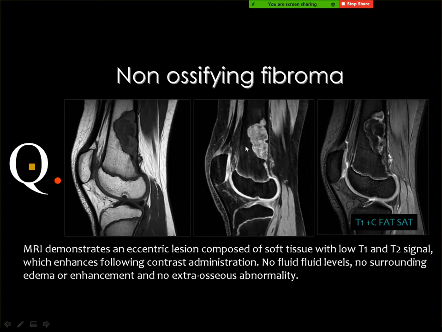But this lesion is based in the cortex. It does not cause any expansion of the bone, or even if it causes some slight expansion, you need to consider these two possibilities. Lesions that are not frequently seen in clinical practice usually need a biopsy to reach the diagnosis, and chondromyxoid fibroma is one of these lesions.